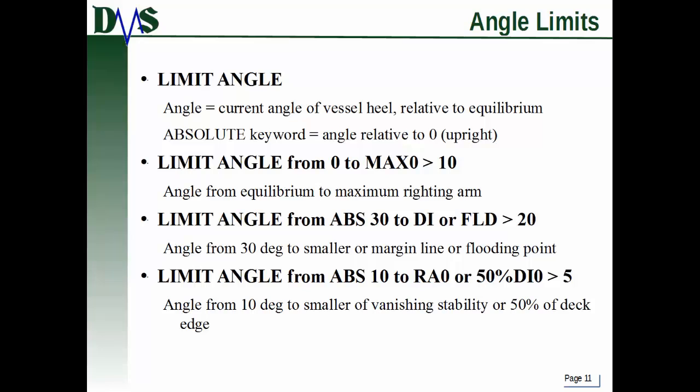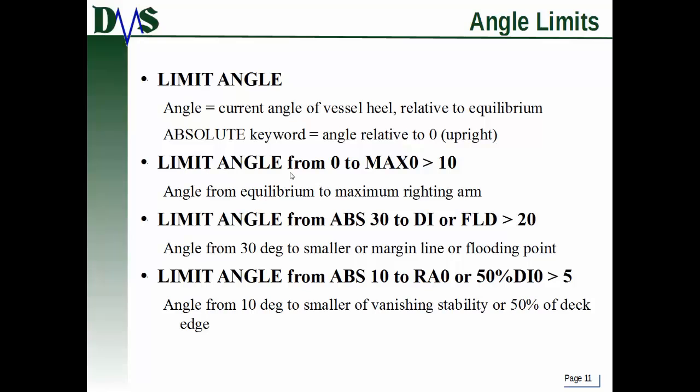Now you've also got the absolute keyword as a way that you can get around this. You can type absolute or just ABS, and that's going to be the angle relative to zero heel, the upright condition. So here's a couple examples of implementation. Limit angle from 0 to max 0 must be greater than 10.